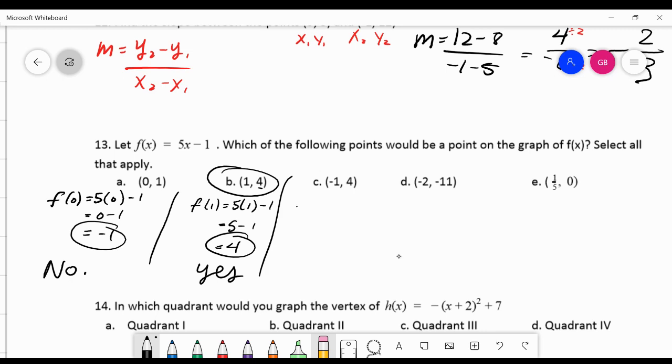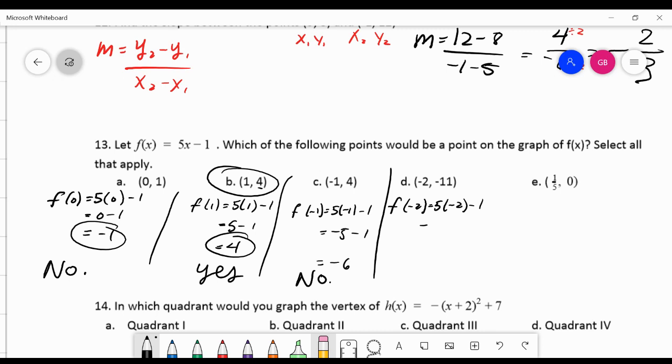Next, negative 1. f of negative 1 is 5 times negative 1 minus 1, which is negative 5 minus 1, which is negative 6. So that's a no. f of negative 2: 5 times negative 2 minus 1 is negative 10 minus 1, which is negative 11.